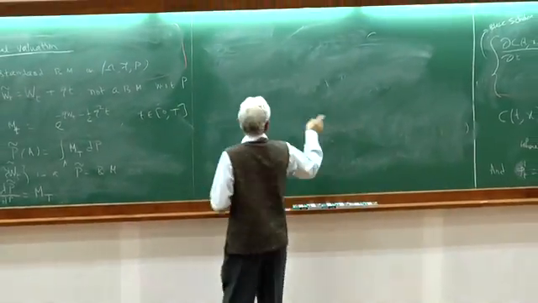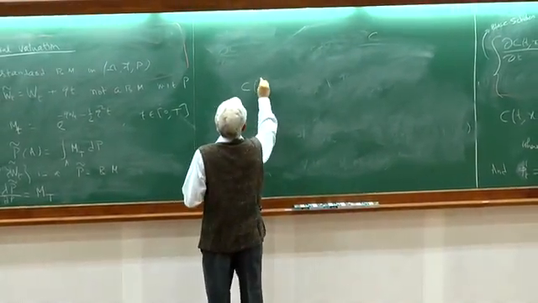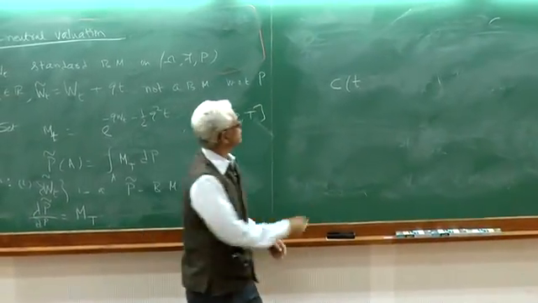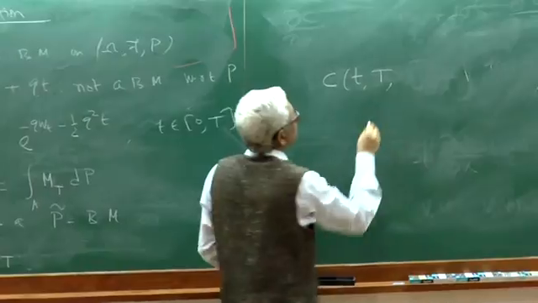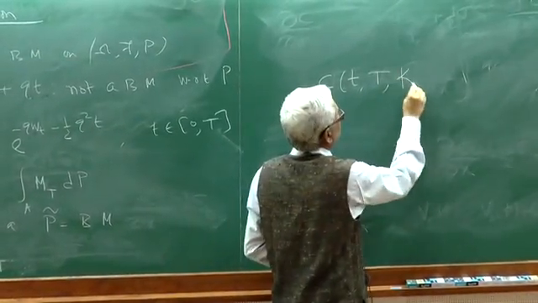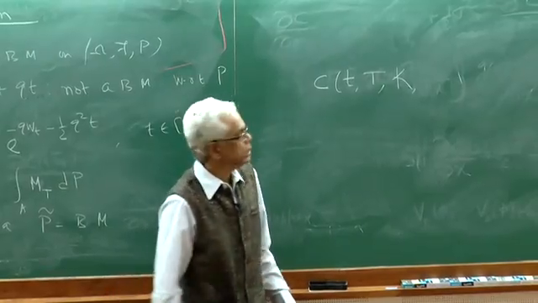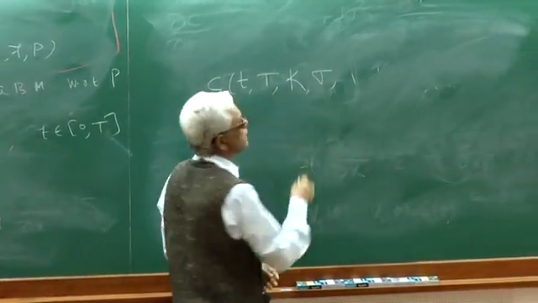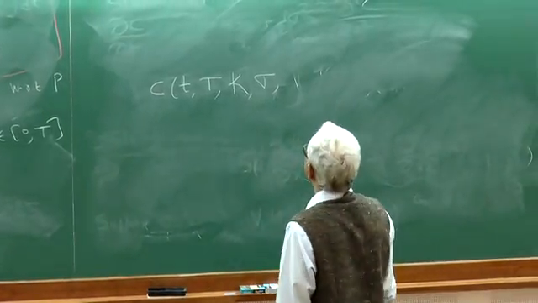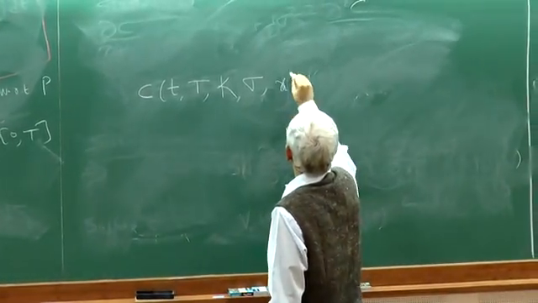If you look at the option price, it depends on the current time t, right? It depends on the terminal time, capital T. It depends on the strike price, right? It depends on the volatility, and it depends on the stock price, of course.